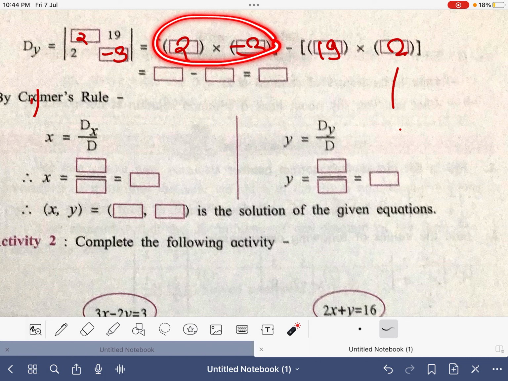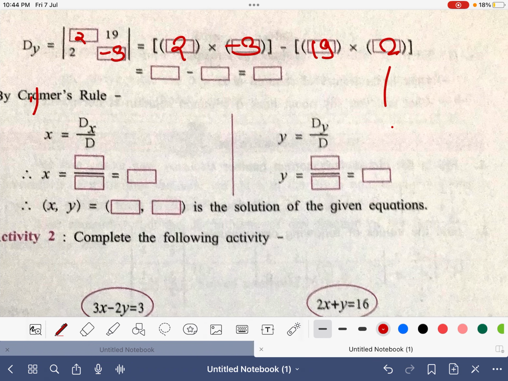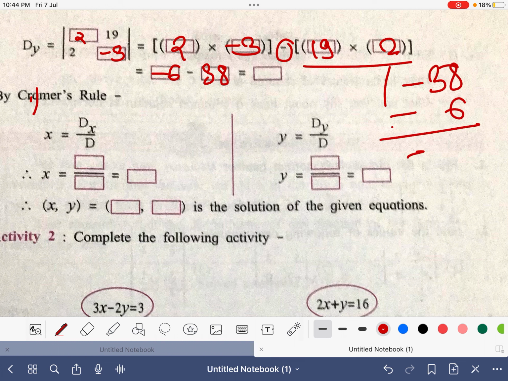Minus 3 2s are minus 6, and minus as it is, 19 2s are 38. So now simplify this, minus 38 minus 6, so minus minus, just keep as it is and add 38 plus 6, which is around 44. So your answer is minus 44.